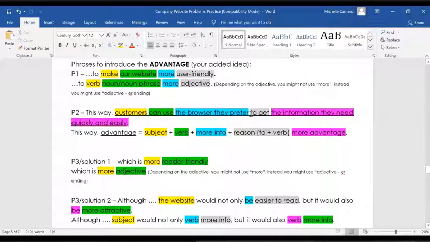If you want to give more information, you can, and you can give it this way following this pattern. So you would use the reason, which is to plus verb. The reason is to plus verb because it's like infinitive. Notice no ing, ed, or s on the verb because to is in front of it. And then more advantage, more idea of the advantage. Okay, but you would say this way and then start off with subject and verb because all English sentences need a subject and verb.